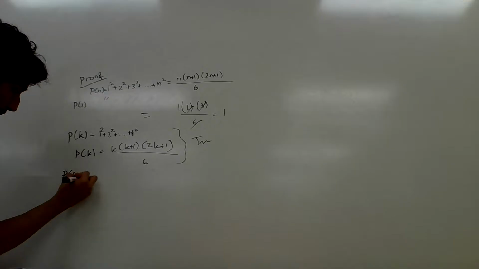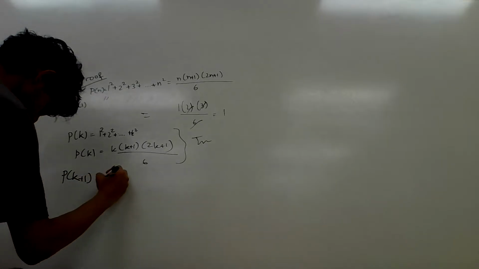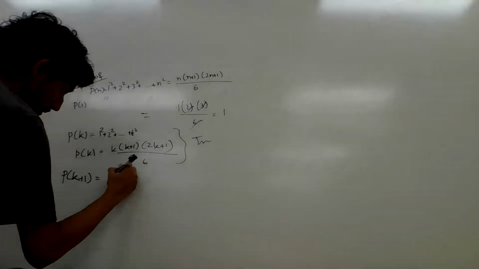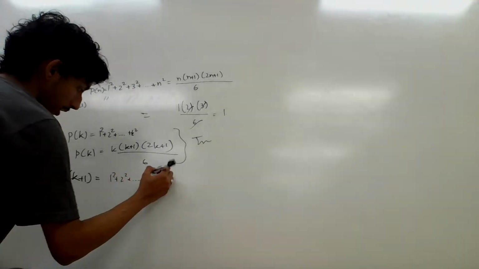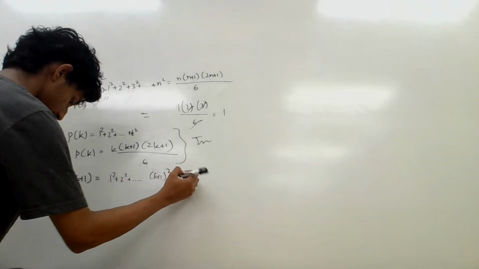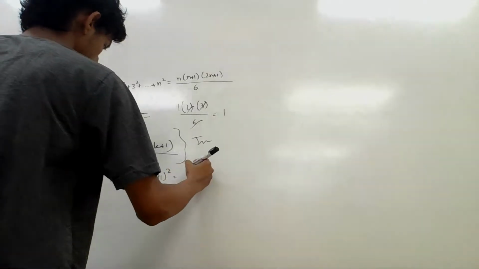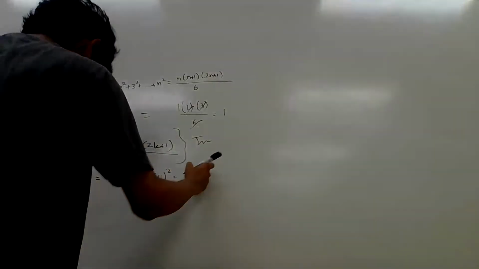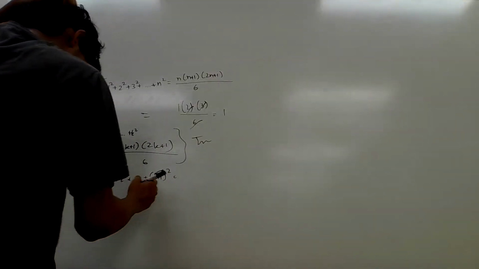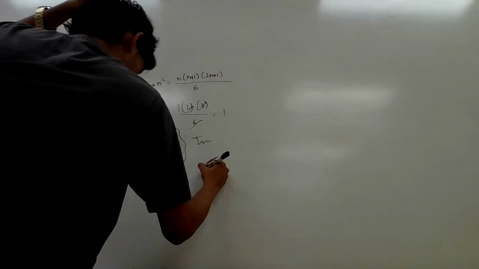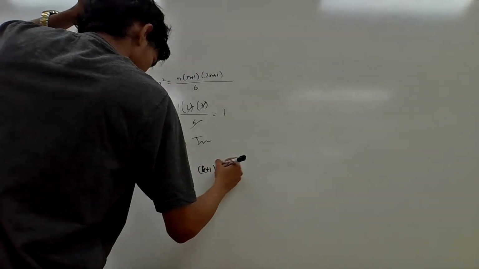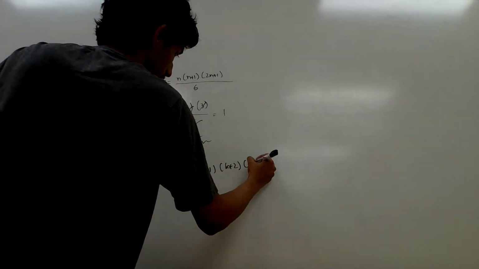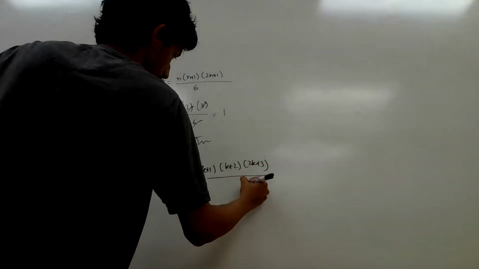Now you have to use this to prove the next step. So p of k plus 1 will be 1 squared plus 2 squared plus so on until k plus 1 whole squared. And on the right hand side, this is the same thing as k plus 1, k plus 2, and 2 times k plus 1 will be 2k plus 3, by 6.